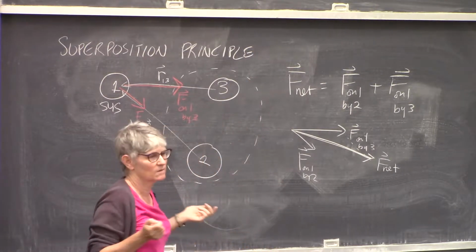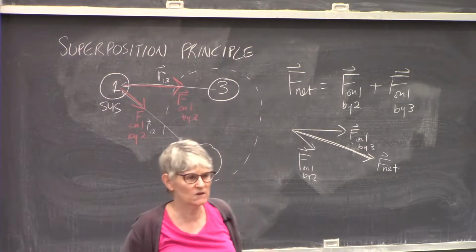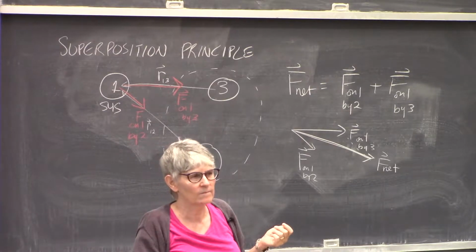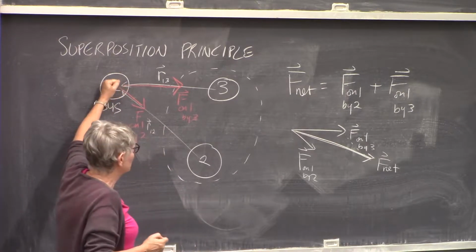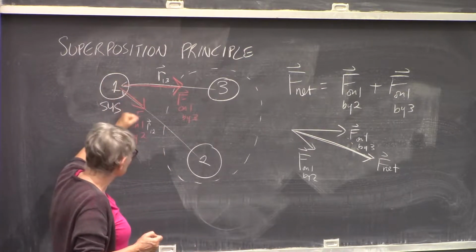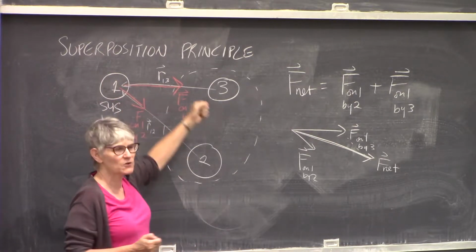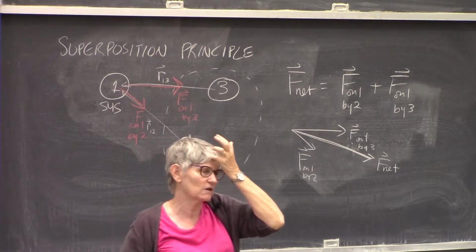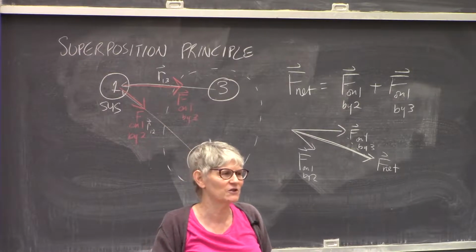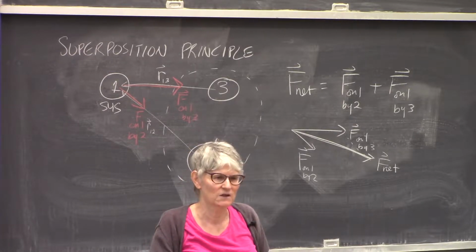And it says two things. One, the net force on an object is just the vector sum of the forces exerted by all the objects in the surroundings. It's particularly clear in the case of gravitational forces.